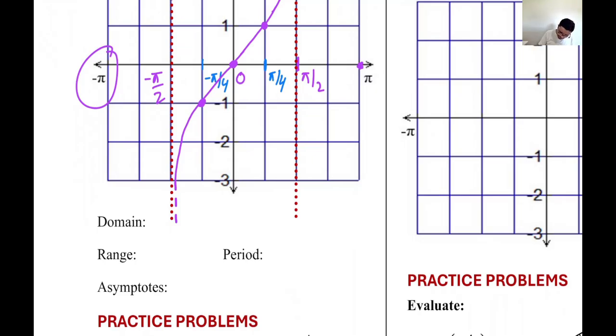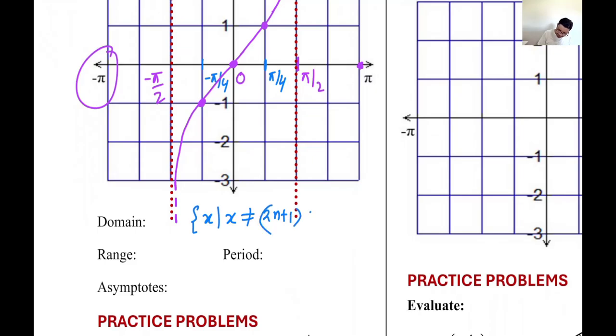The domain of the function I will write over here. Is what is not included? Pi over 2, negative pi over 2, and so on, right? So all numbers except, I'll write like this, x such that x is not equal to odd multiples of pi over 2.